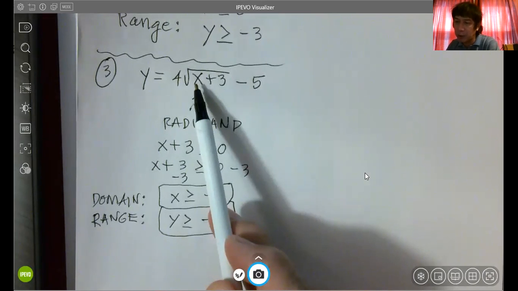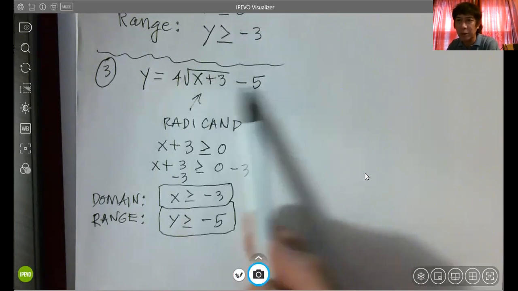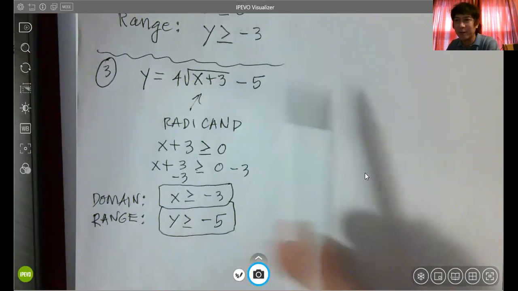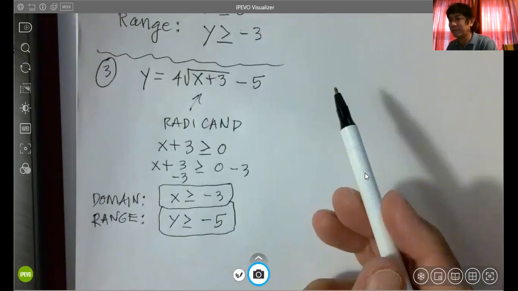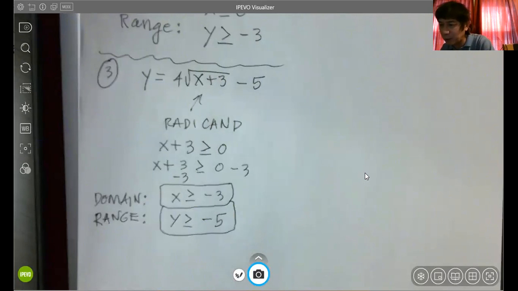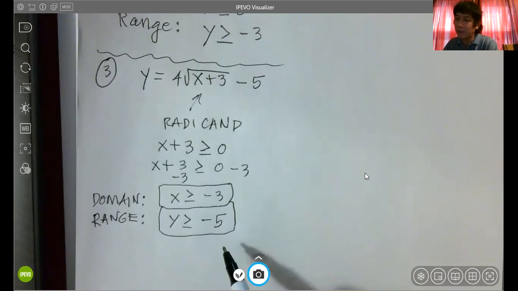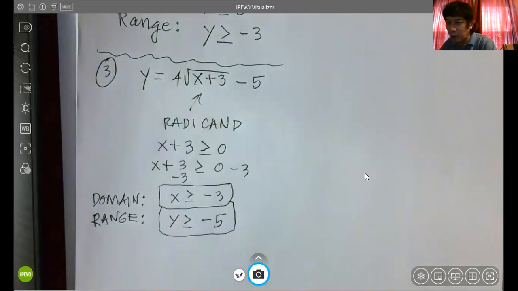When you put negative 2 here, this results to 1. The square root of 1 is 1, and 1 times 4 becomes another value. That will be negative 1, which is already higher than negative 5. So y increases as you increase x.